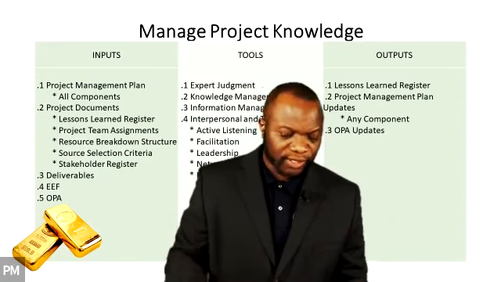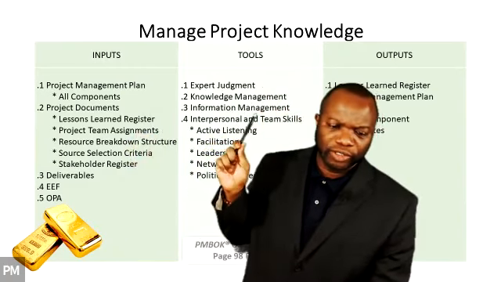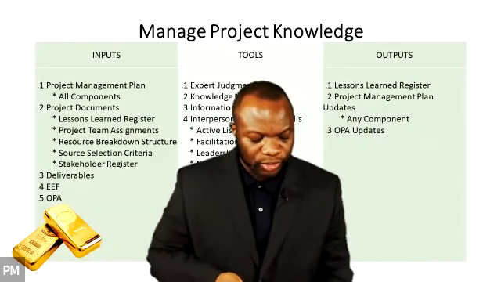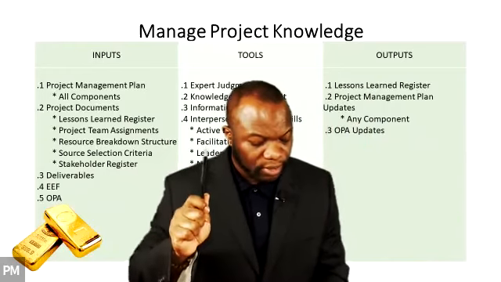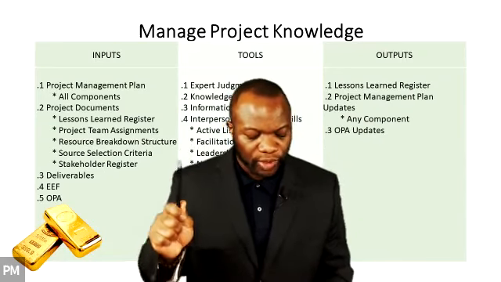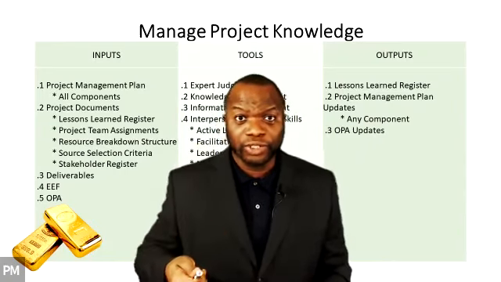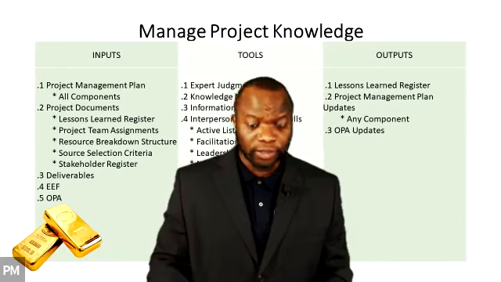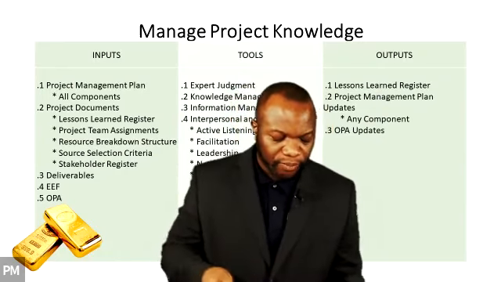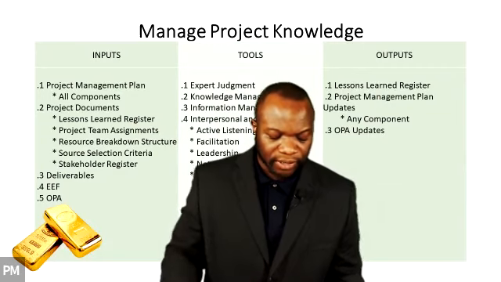Next one here is information management. So information management, watch the difference here. It says, information management tools and techniques are used to create information and connect people to information. Knowledge in the head, information in a repository. You see that? They are effective for sharing simple, unambiguous, codified, explicit knowledge.